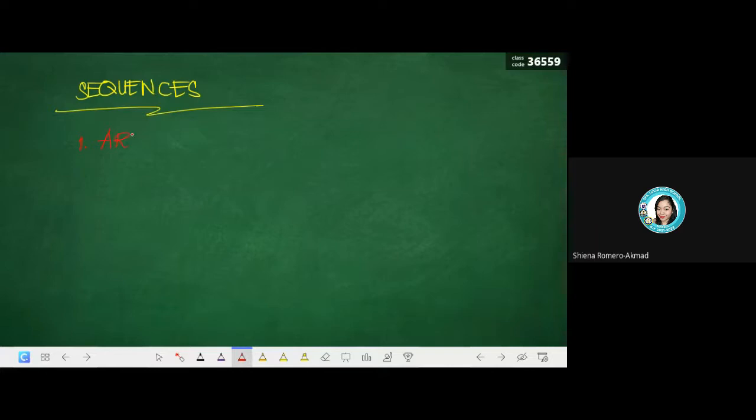We call that the arithmetic sequence. While the other one is the geometric sequence.